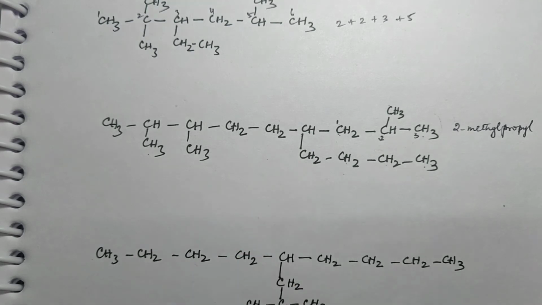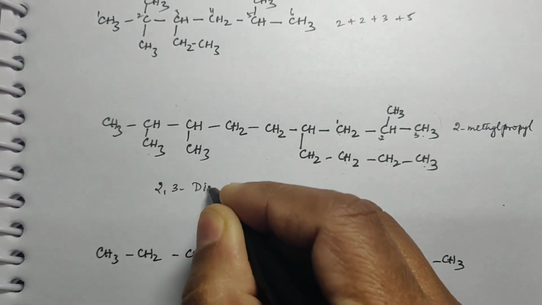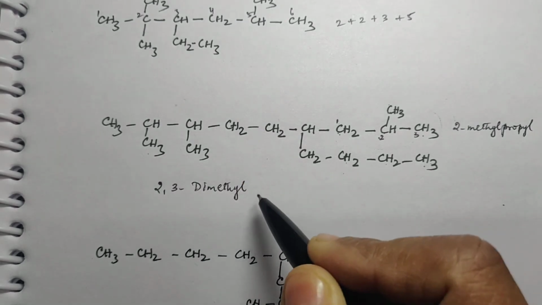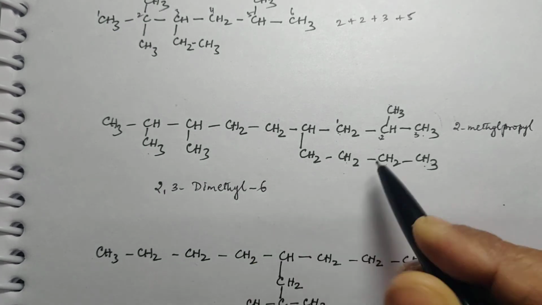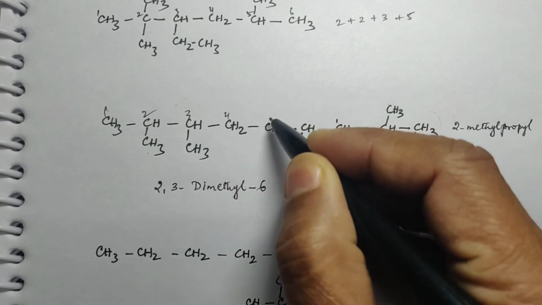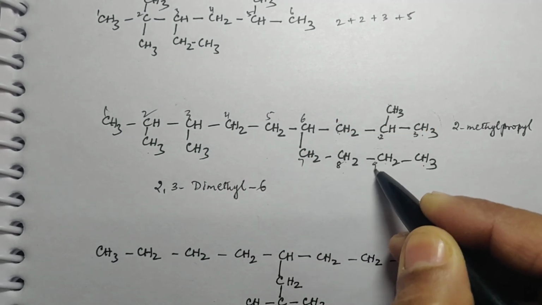Now, how do you write the name? You will write it as 2,3-dimethyl. Okay, then hyphen 6. This is number 6 position. 1, 2, 3, 4, 5, 6. Right? 7, 8, 9, 10.